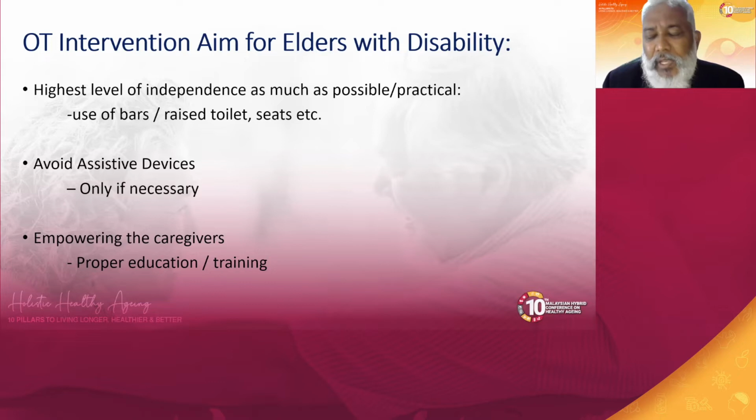As much as possible, we also want to avoid assistive devices unless necessary, because they add an extra burden for our elders to use, and it's going to be difficult for them unless they are trained. So we need to do a careful assessment before we introduce any assistive devices.